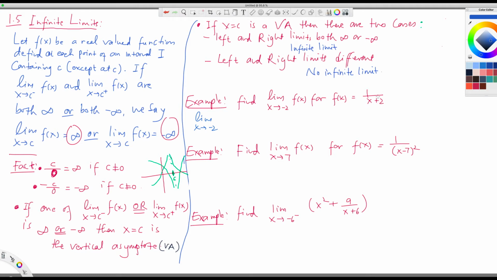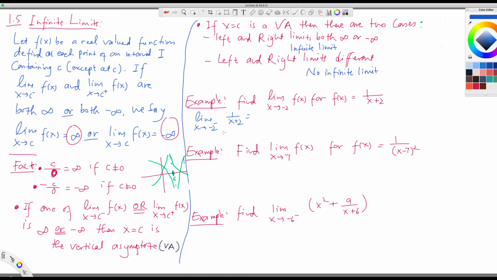You will get positive infinity if you plug in directly, right? But we want to check by taking the left limit and right limit and then see whether it is really positive infinity or not. So let us take the left limit for 1 over x plus 2.